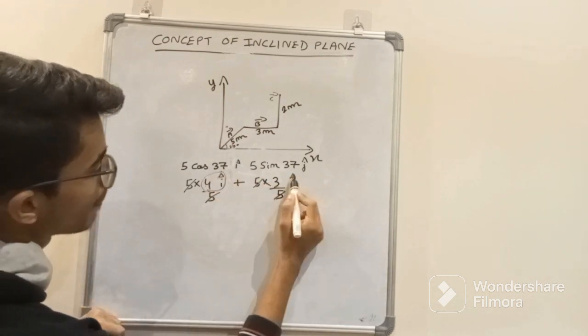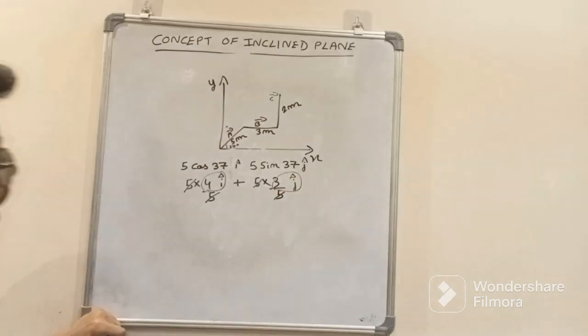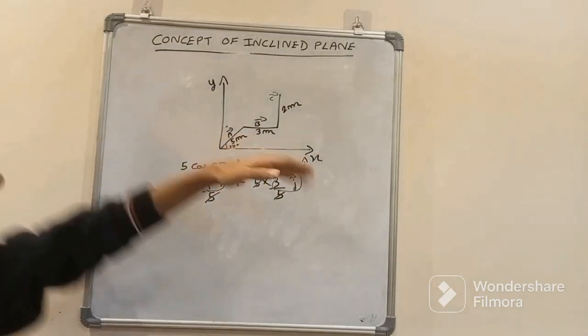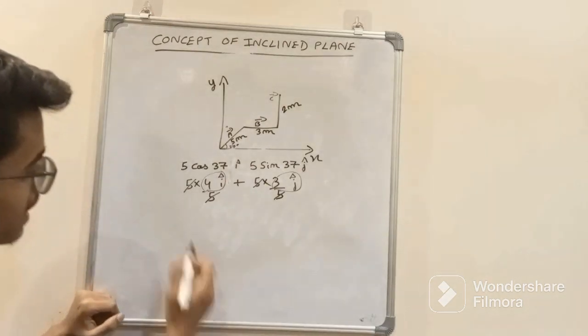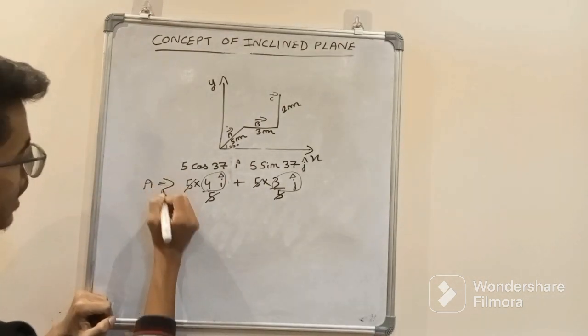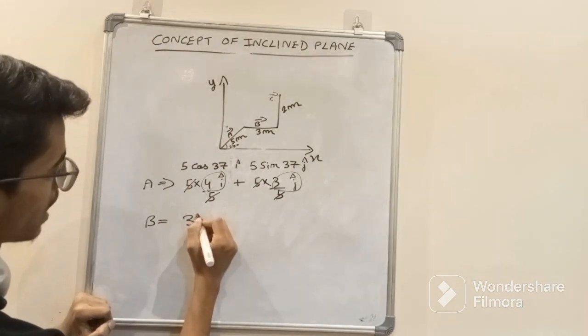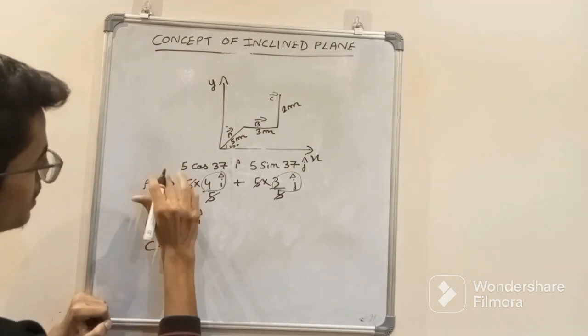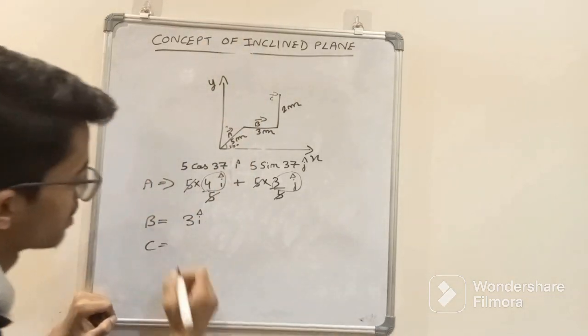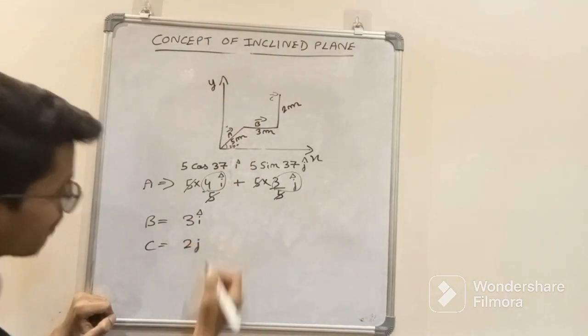We are left with 4i cap and 3j cap. And for B हमारा सिर्फ x डायरेक्शन में है, that means 3i cap. This was for A. B is equal to 3i cap. And C is only in the y direction, that is 2j cap.